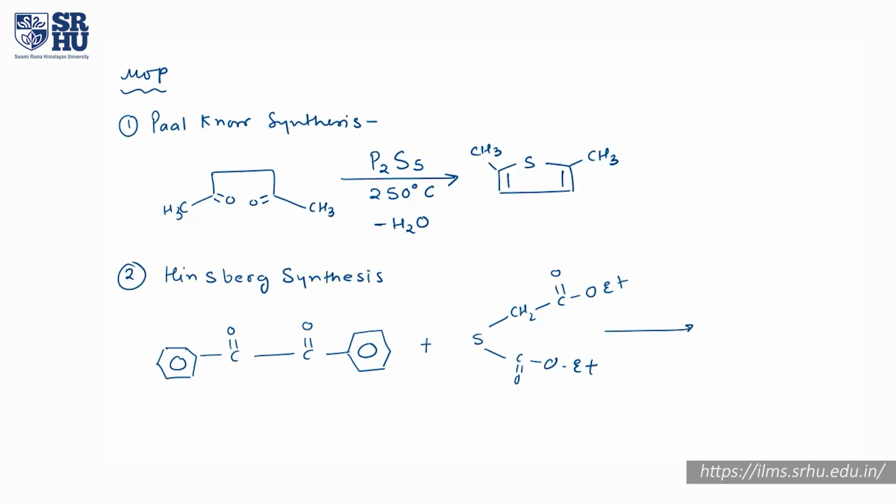Now if you react with this in presence of a base, that means C2H5O negative and a positive, a base is required, and alcohol is used as a solvent, then we get a substituted thiophene. So we get a substituted thiophene by the Hinsberg reaction.